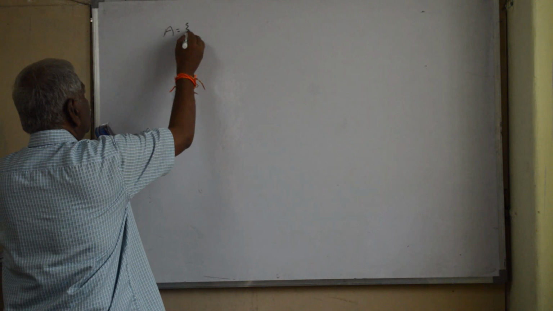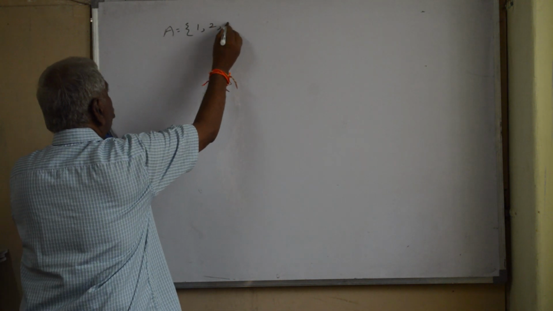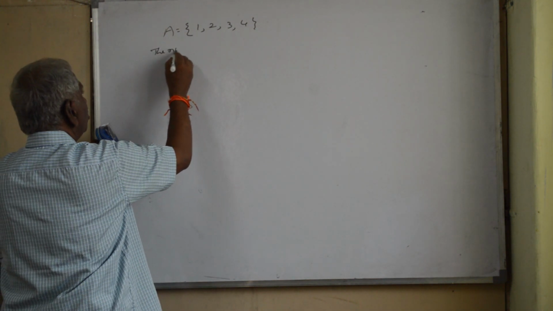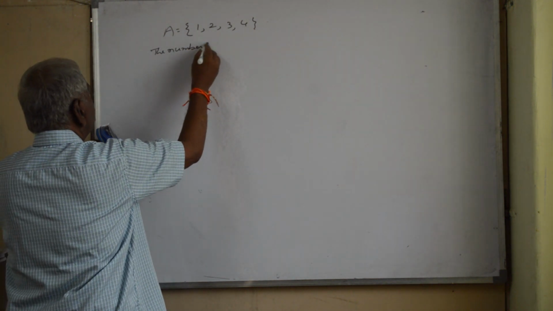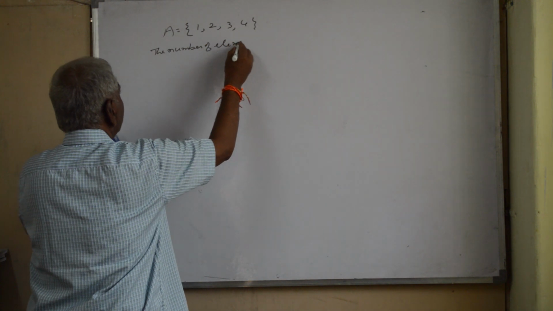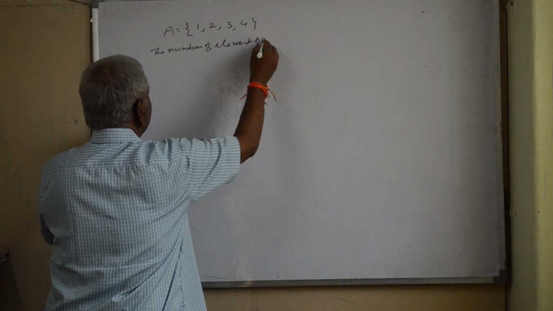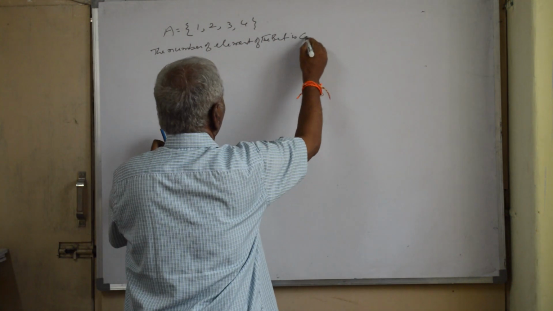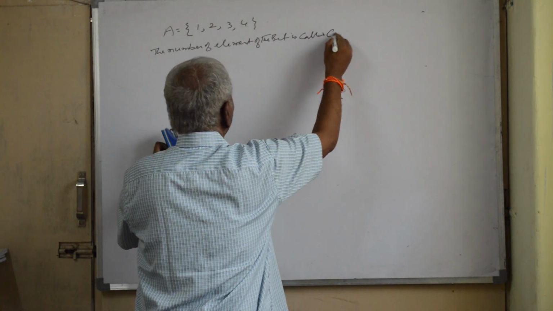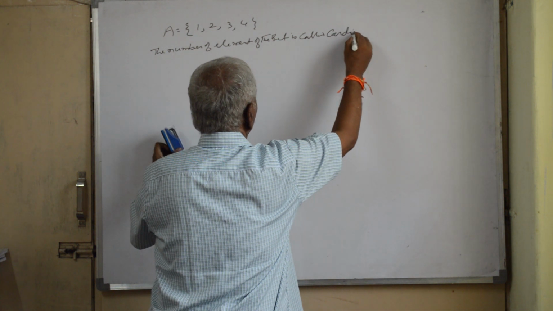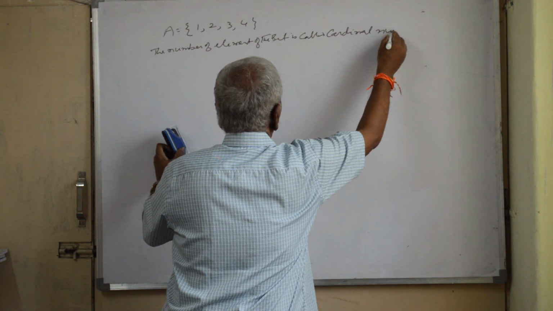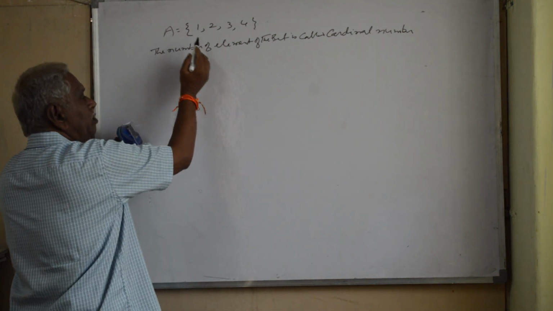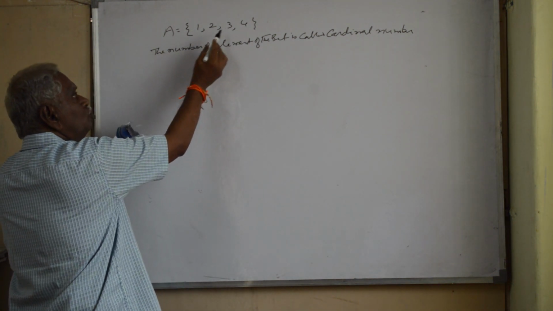A is equal to 1, 2, 3, 4. The number of elements of the set is called the cardinal number. How many elements are here? 1, 2, 3, 4.